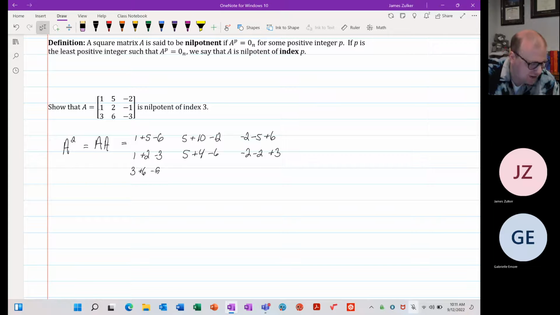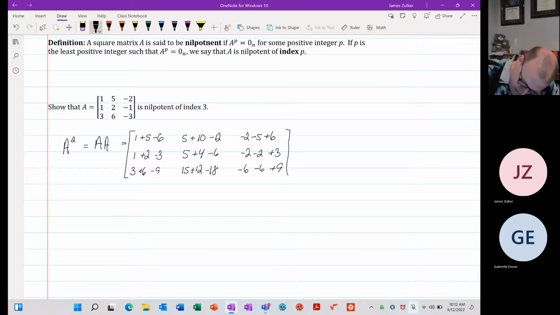Then 3 plus 6 minus 9, 15 plus 12 minus 18, and then -6 minus 6 plus 9. What do we get? For the first row, we get 0, 3, -1, then 0, 3, -1, and then 0, 9, -3.